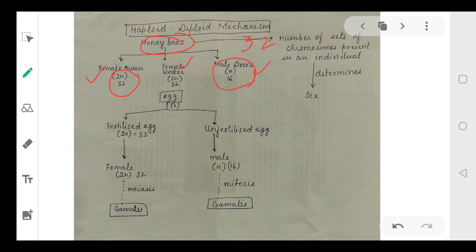So female, or you can say queen, will form the egg.